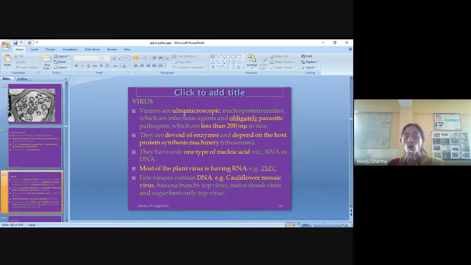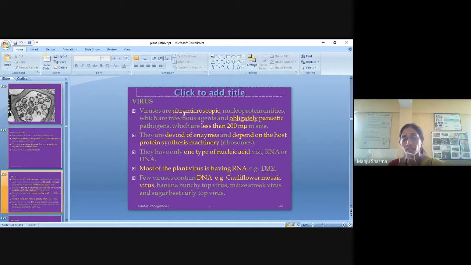They have only one type of nucleic acid, either RNA or DNA. Most plant viruses have RNA, for example TMV.